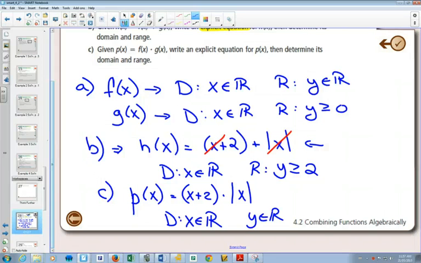Yes? Well, if you wanted to simplify this function, you'd have to write it in 2 different parts. Because the absolute value changes, the graph kind of changes when it's at 0.